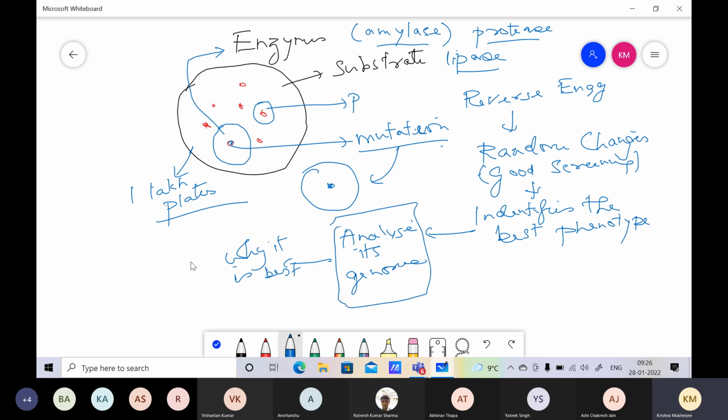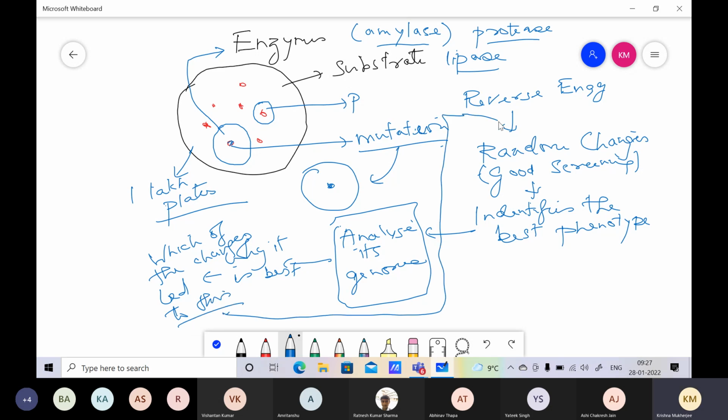Why it is best is really saying which of the changes led to this best phenotype. Let us say you have only 10 changes; only the particular change that led to it you add on to the actual bacteria. So this is reverse engineering.